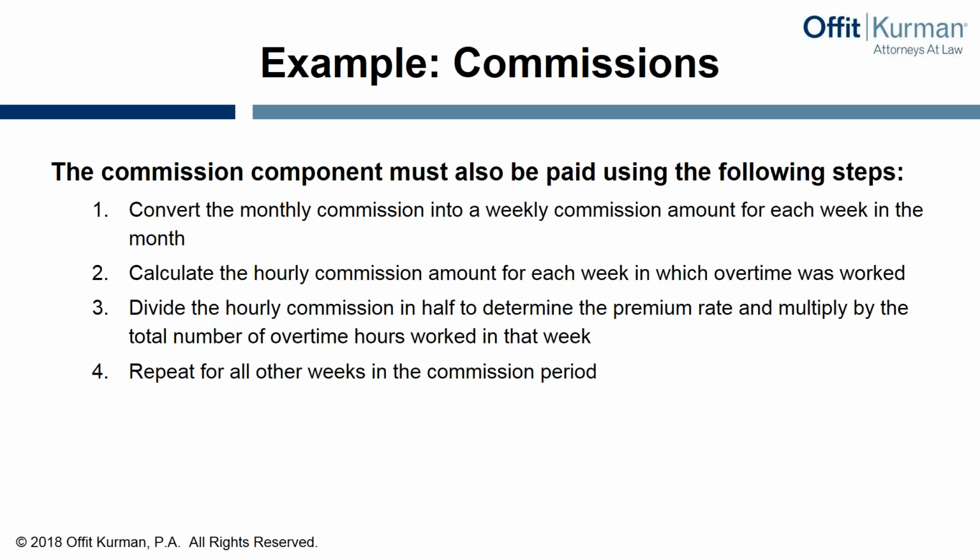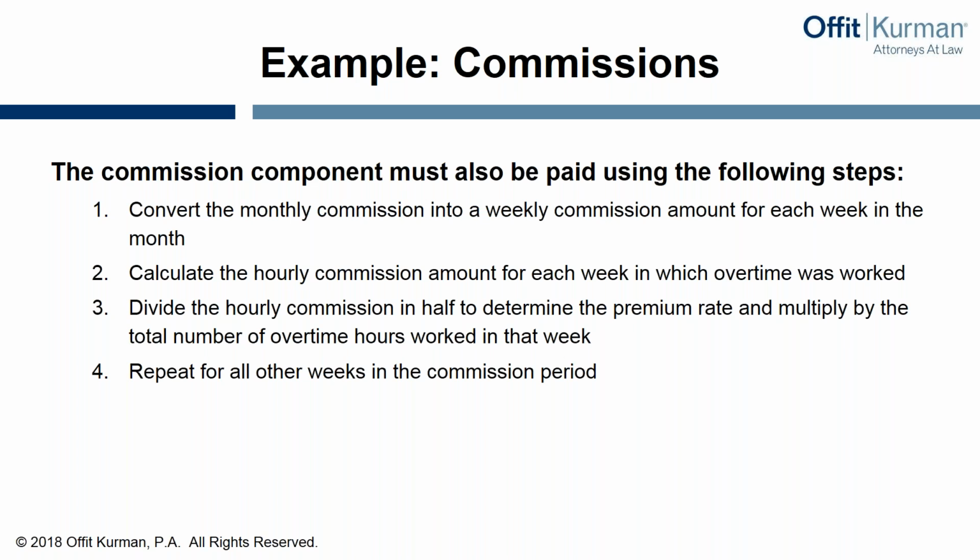So the way you do that is you take the total commission amount, and in my hypothetical here, and I picked this number for a reason because it makes the rest of the math easier, let's assume that the monthly commission is $4,333.33, and I promise you that's the last weird number I'm going to throw at you. You take that monthly commission amount and multiply it by 12 months.